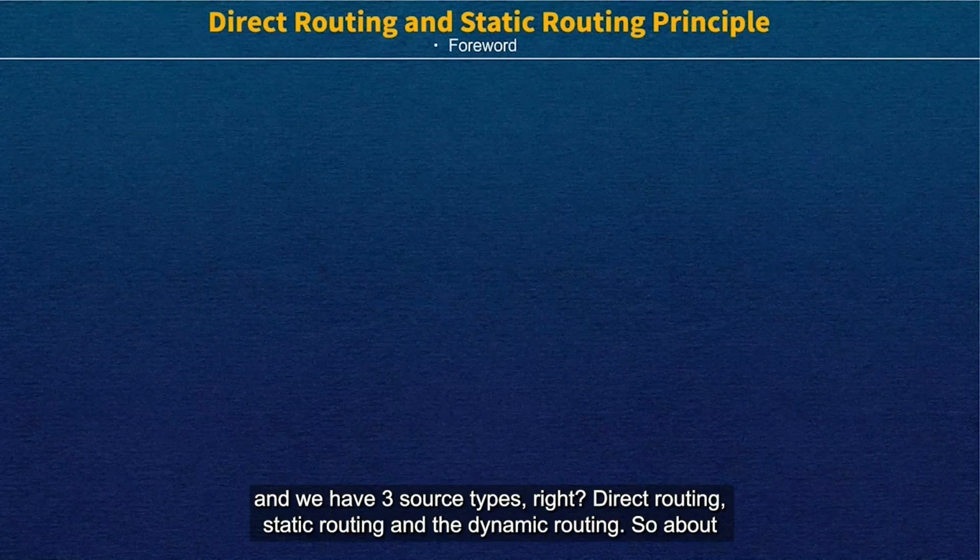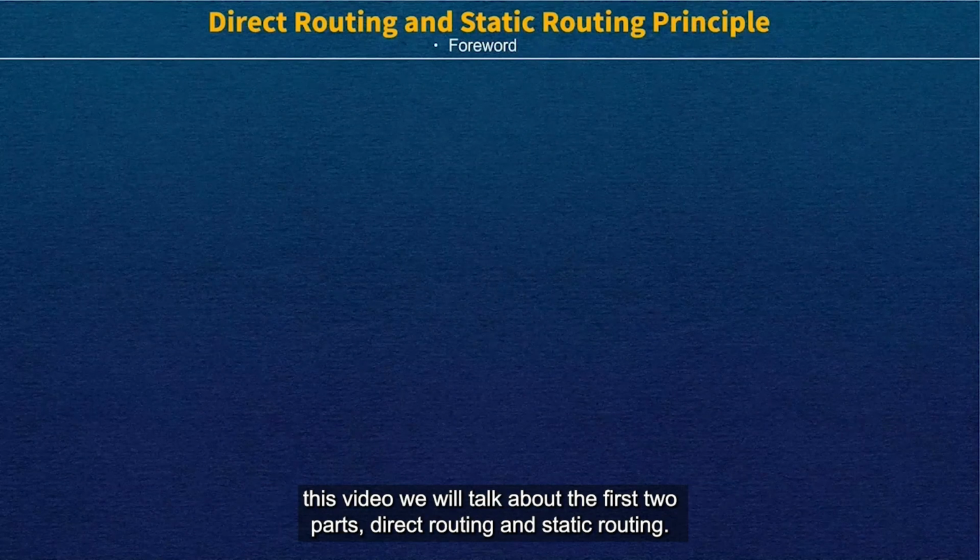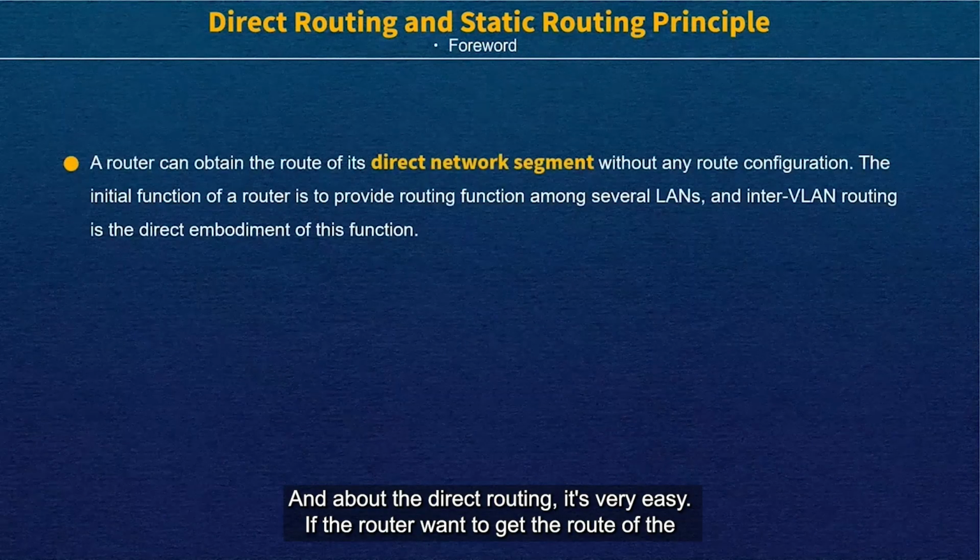And we have three source types, right? Direct routing, static routing, and dynamic routing. In this video, we will talk about the first two parts, direct routing and static routing.